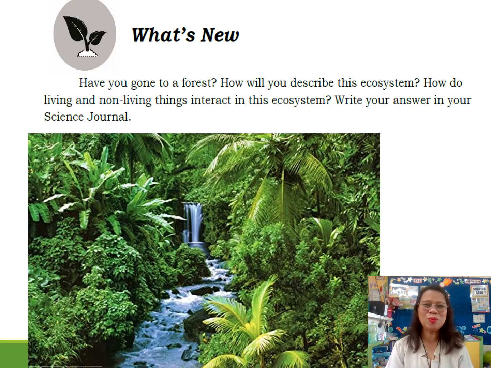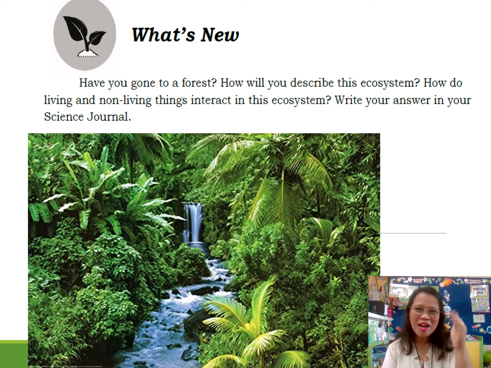What's new? How I wish I could go to a place like this. So refreshing. This is a part of a forest. Have you gone to a forest? I have gone once, when we went to Tres Marias Falls in Cabintan, together with the other teachers.